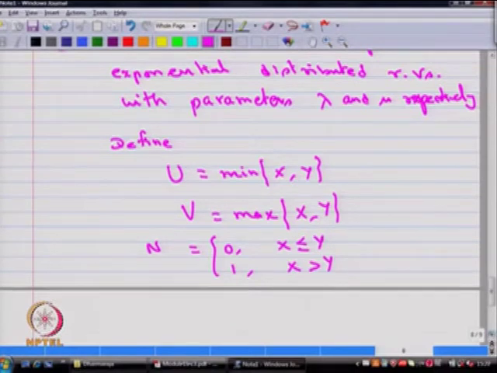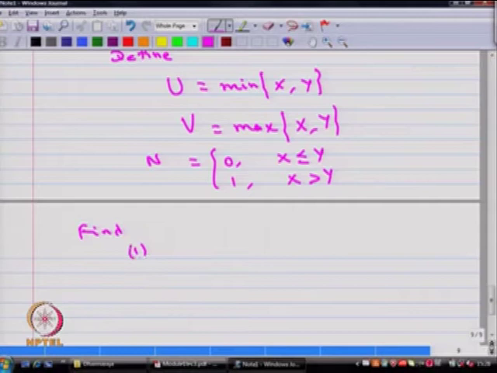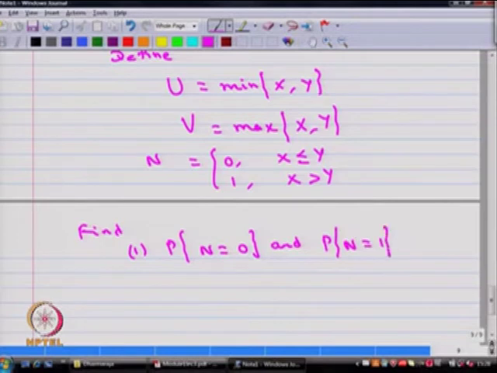Our interest is to find the probability that capital N takes a value 0 and the probability that capital N takes a value 1.